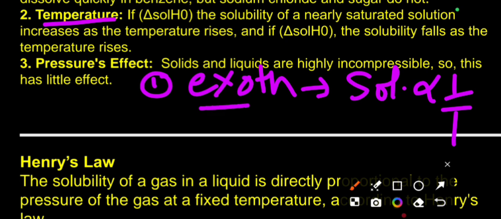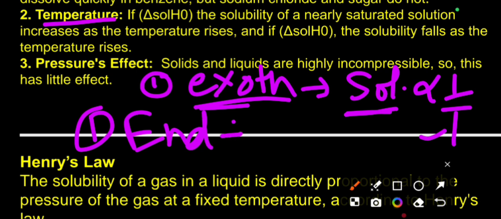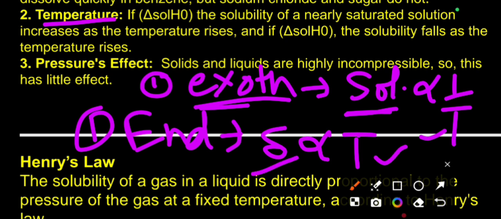So if a solid dissolves in liquid in an exothermic process, solubility increases with decrease of temperature, or solubility decreases with increase of temperature. It means inverse: if one factor increases, the other decreases. But if the process is endothermic, then solubility is directly proportional to temperature. If you increase the temperature, solubility will increase.